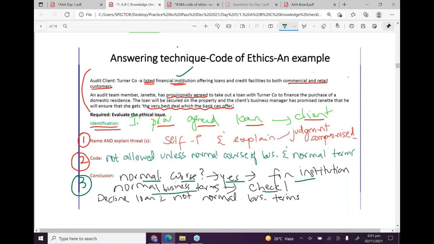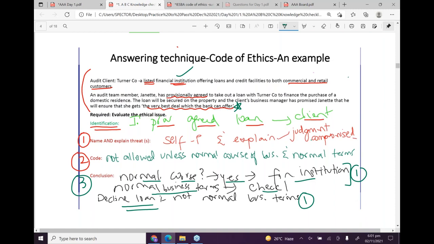I don't know. What do you mean by the very best deal the bank can offer? If these are terms they would offer to any client, then sure, there's no problem. However, if it's favorable terms, then you have to decline the loan. So Jeanette will either have to say no to the loan or she can be removed from this team as well. So you get 1 mark for evaluating and 1 mark for the conclusion.